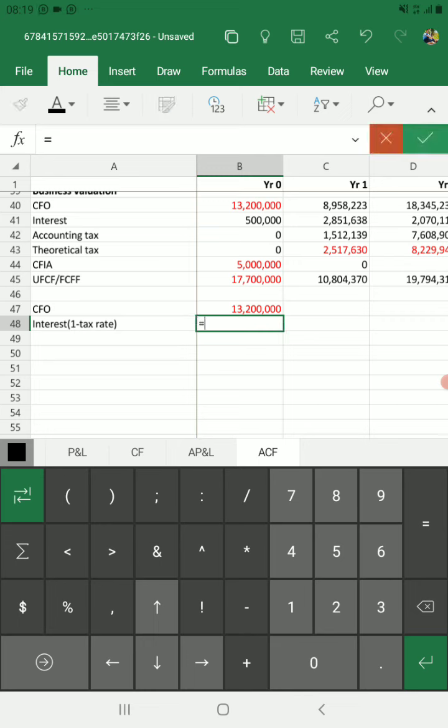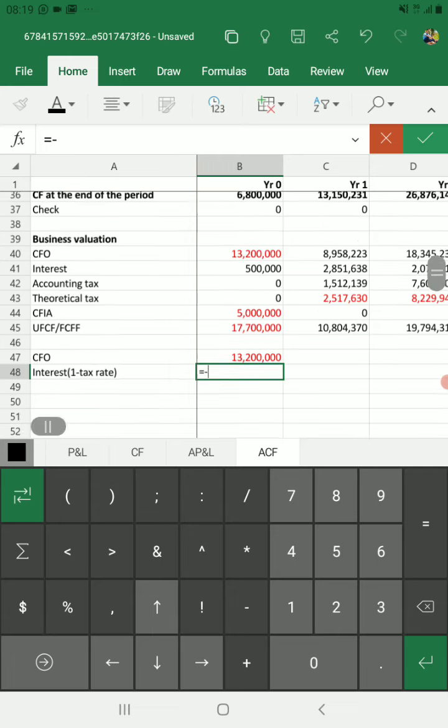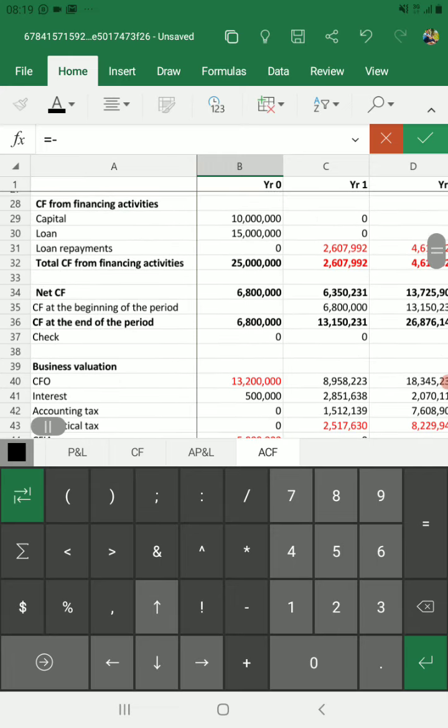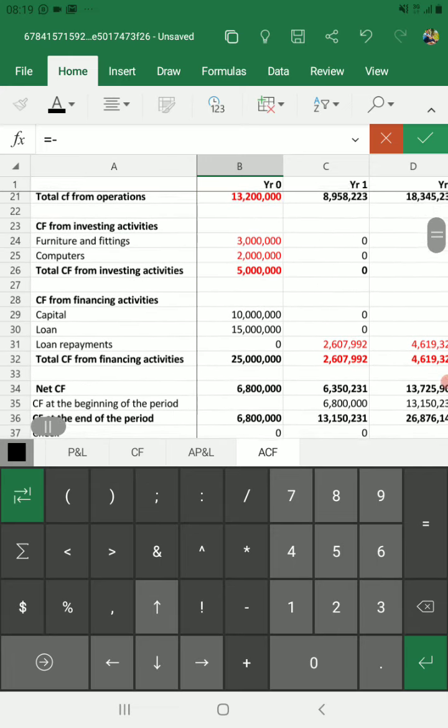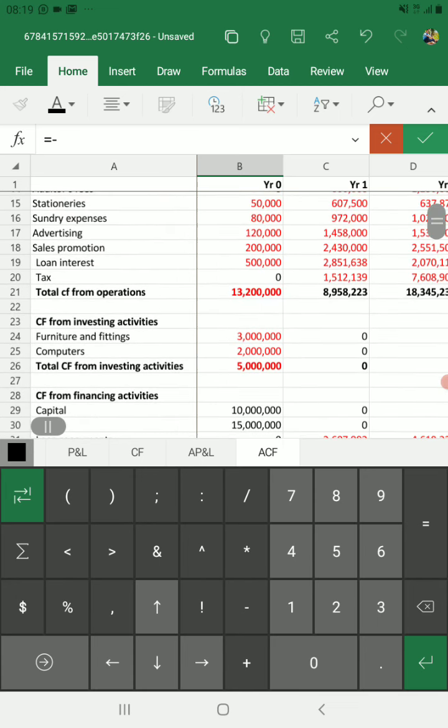So the interest component, because it is negative, I started with negative and then come to pick it here. Interest, load interest, this one, and then multiply by, open the bracket, 1 minus tax rate. Our tax rate is 30% in this case.